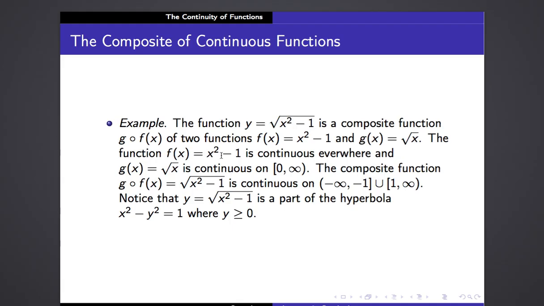In this case, f of x is continuous everywhere, and g of x, square root of x, is continuous on the interval from 0 to infinity. So the composite function, f followed by g of x, which is given by square root of x squared minus 1, is continuous on the following interval, from negative infinity to negative 1, union 1 to infinity. That's going to be the domain for this composite function.